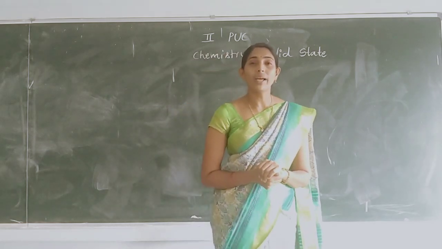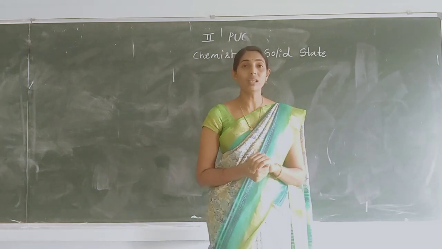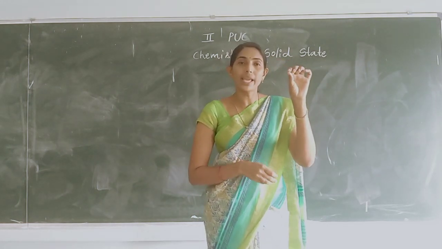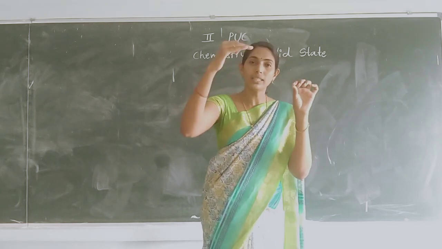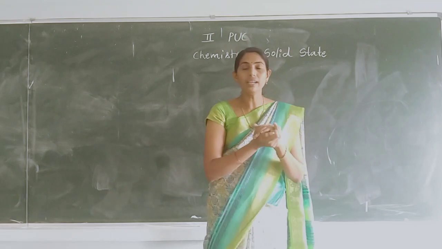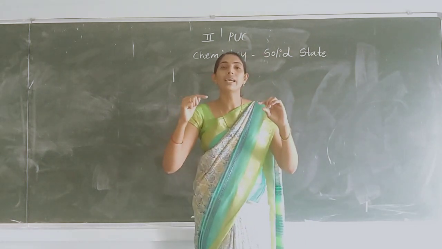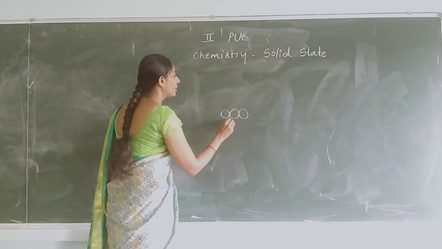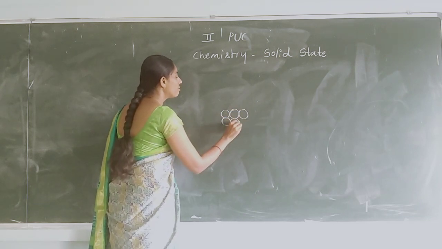What is square close packing? Any one-dimensional layer, when placed one above the other, gives you the two-dimensional structure, and in that we have to place the second layer exactly on the spheres of the first layer.